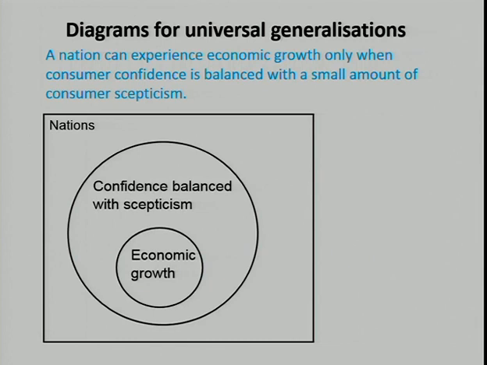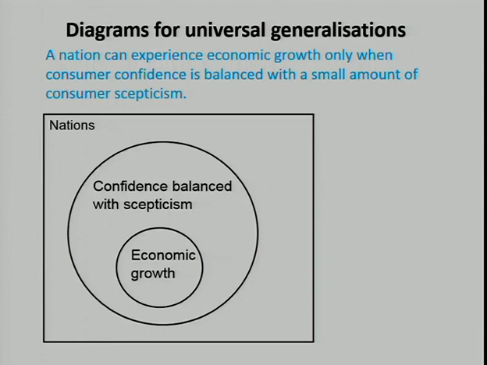Thanks for answering that. So the first question is how to depict the general principle, right? So what is being said? What is a subgroup of what? In this general principle, we can see that economic growth happens only when those two conditions are fulfilled.